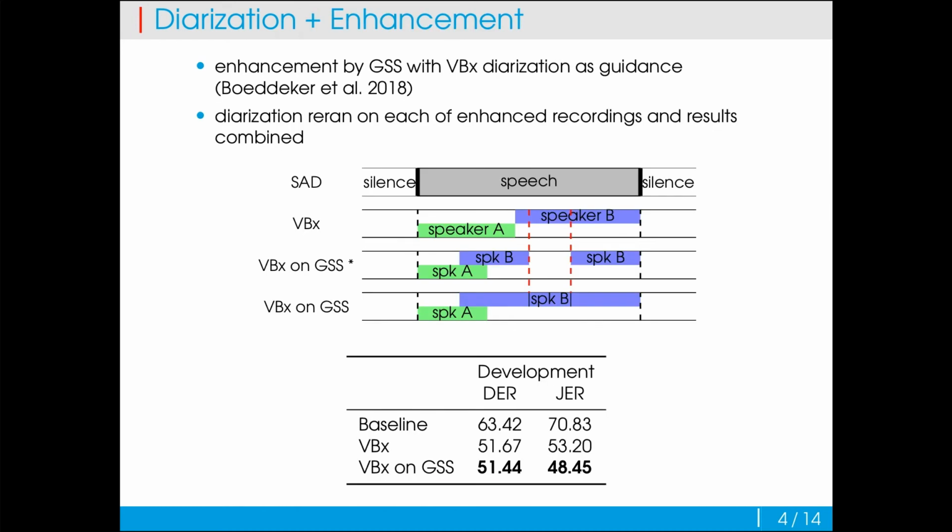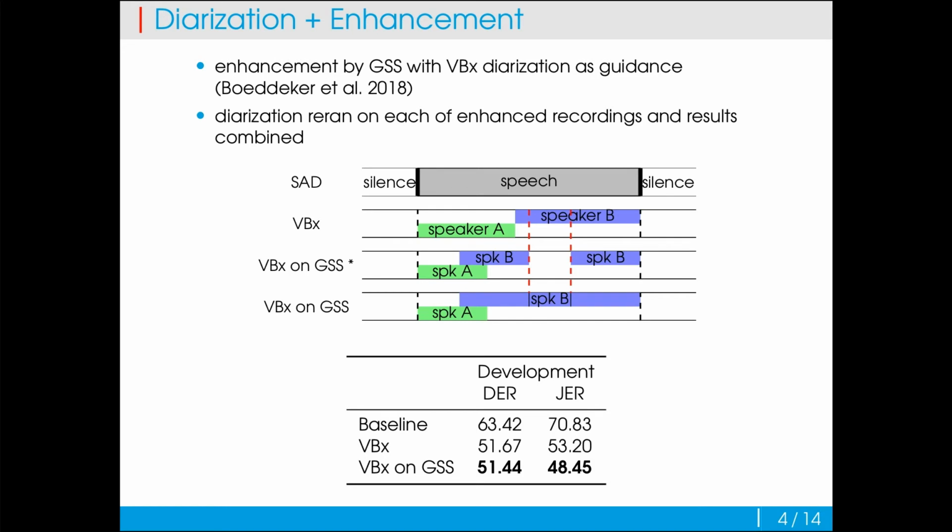We further fine-tune this diarization by applying enhancement and then running the diarization again on the enhanced data. The baseline system in track 2 used BeamformIt as enhancement, but already from the previous challenge, we know that guided source separation from Paderborn works significantly better.